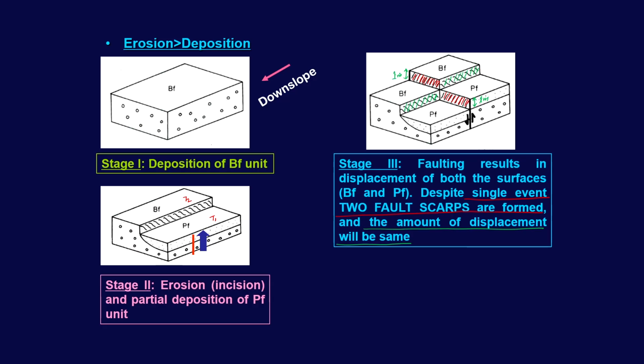So, the amount is the same. That also helps us in inferring at the first instance that there was a single event. So, this is one case where erosion is greater than deposition.